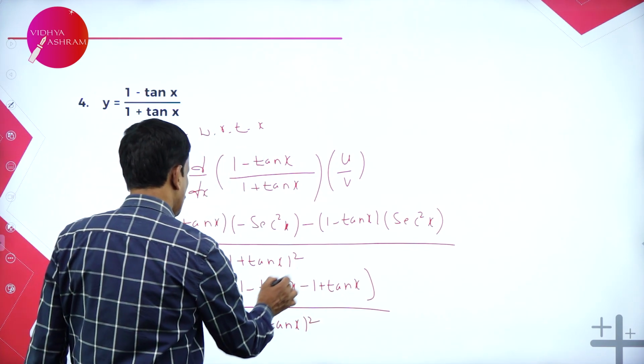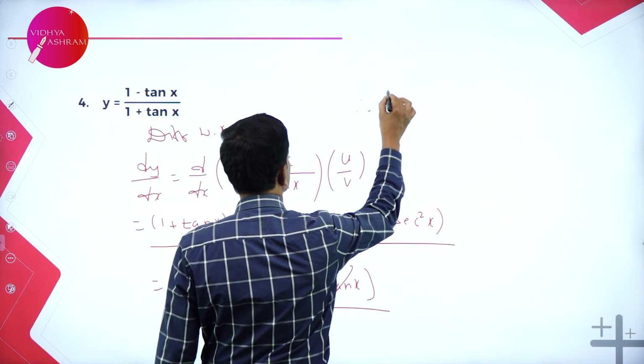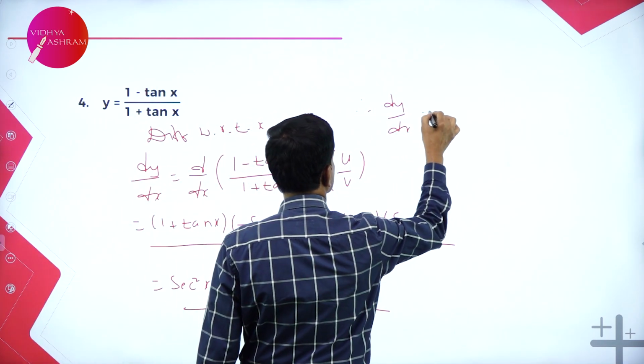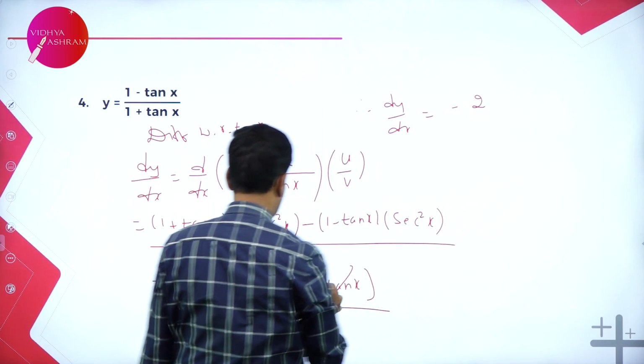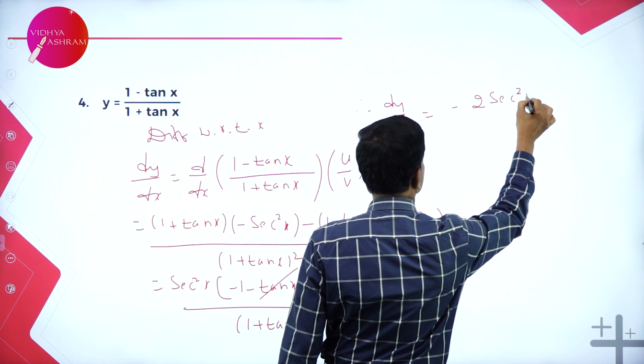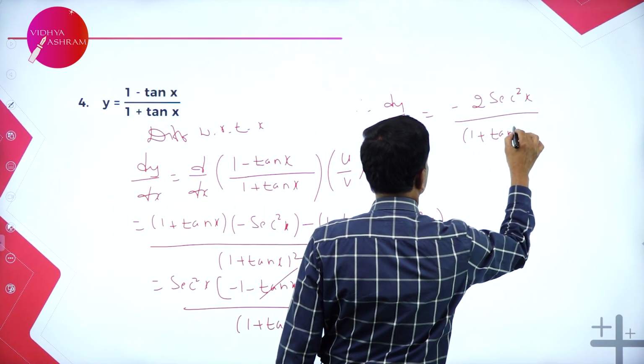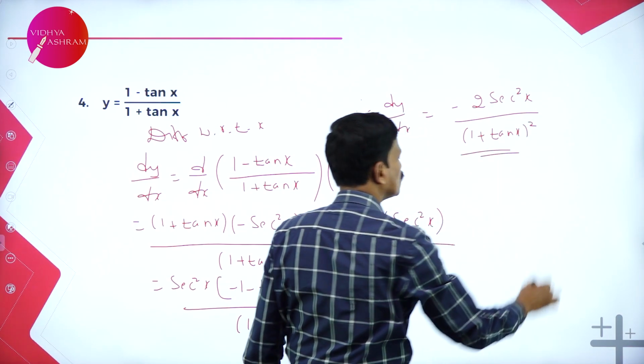So what happens? Minus tan x plus tan x gets cancelled, minus 1 minus 1 is minus 2. Therefore dy/dx is equal to minus 2 secant square x divided by (1 plus tan x) whole square.